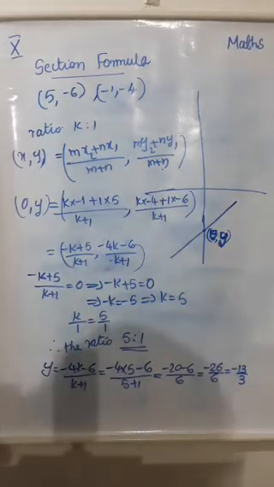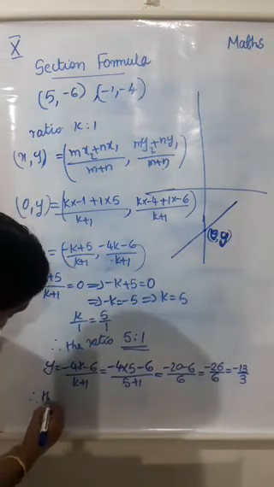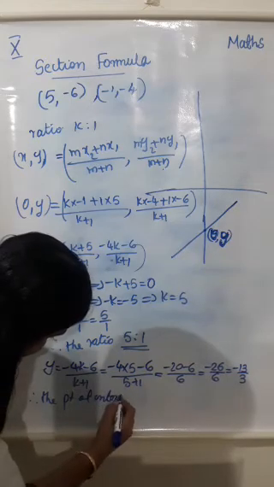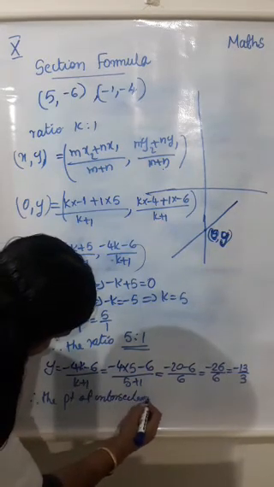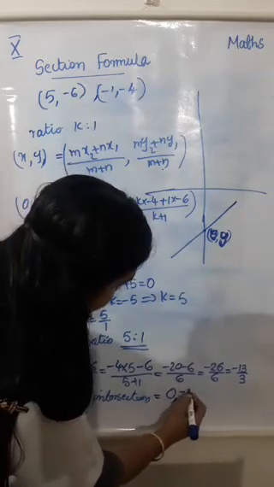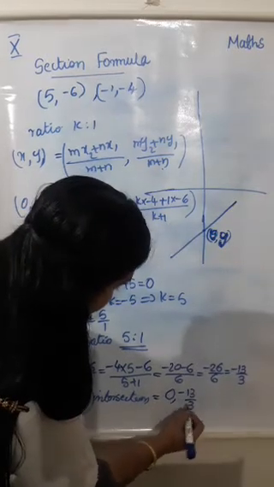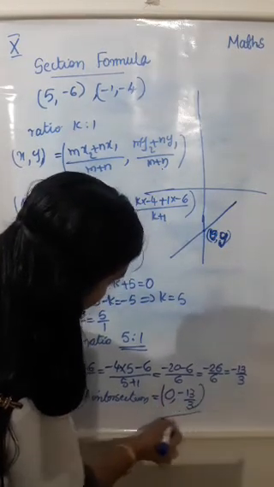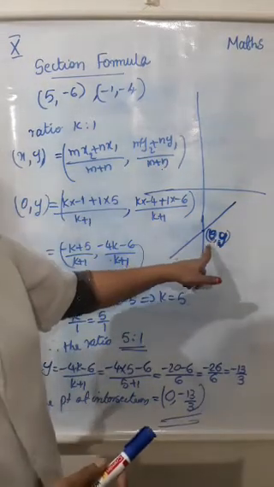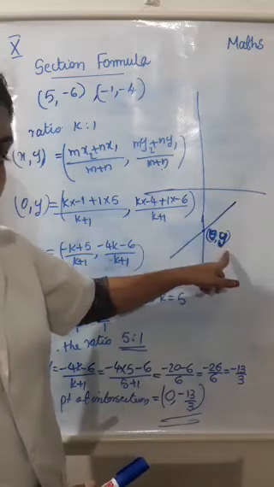Therefore the point of intersection is equal to 0, negative 13 by 3. X coordinate 0, y coordinate negative 13 by 3. We can take the point of intersection as 0, y.